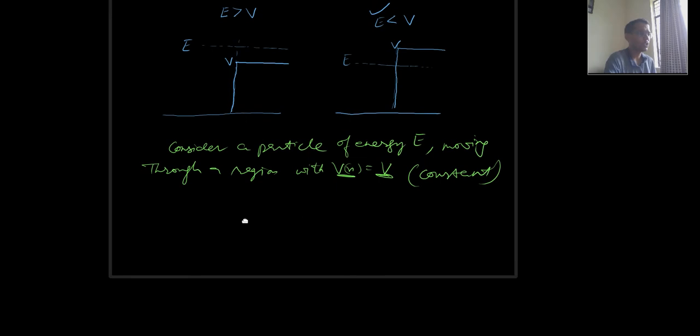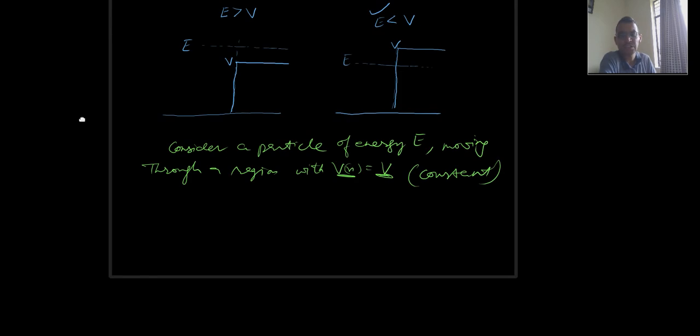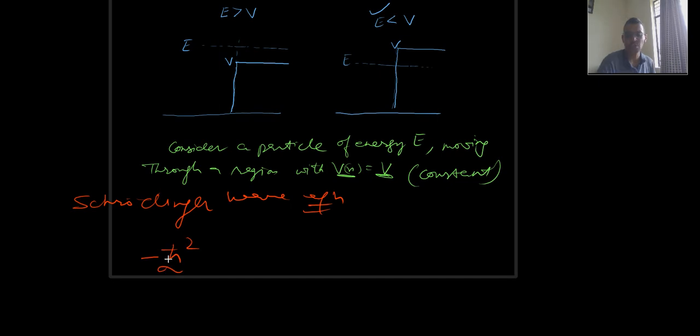So the Schrodinger wave equation for such a case can be written as: minus h cross square upon 2m d square psi over dx square plus V psi is equal to E psi.